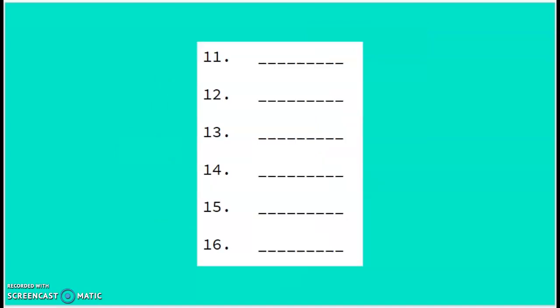Let's do 11 through 16. 11, the word thick. Th, i, k. Thick.